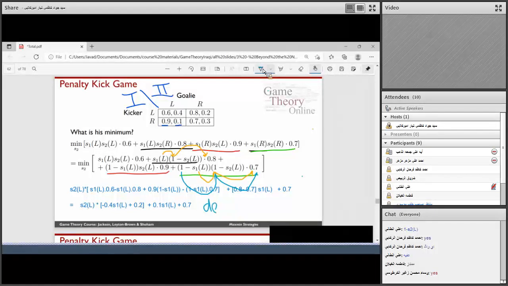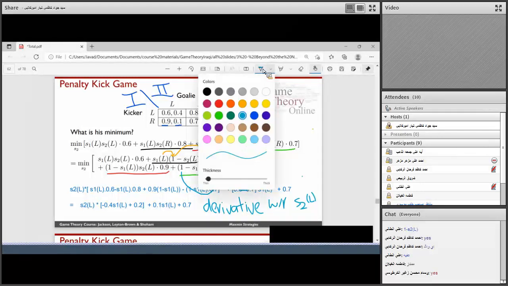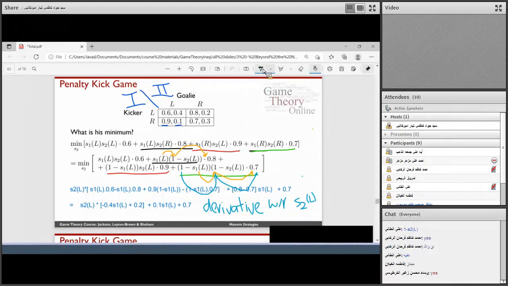So the derivative with respect to S2 of L. And what would be that? What would be the result? If you take the derivative with respect to S2 of L, what would be the value?